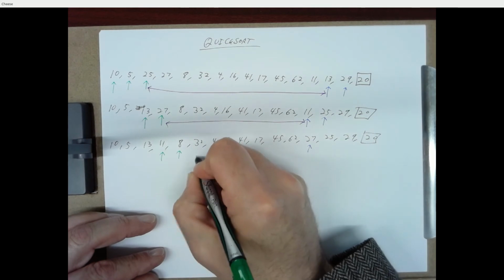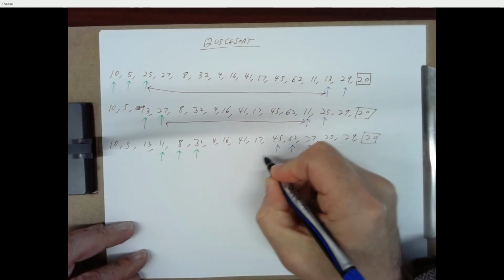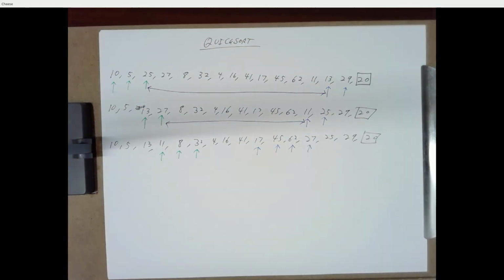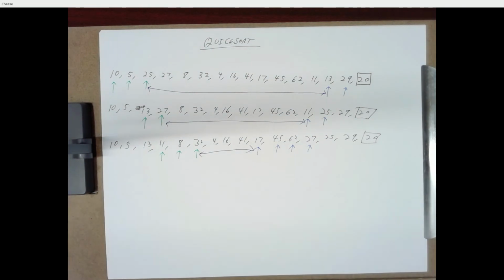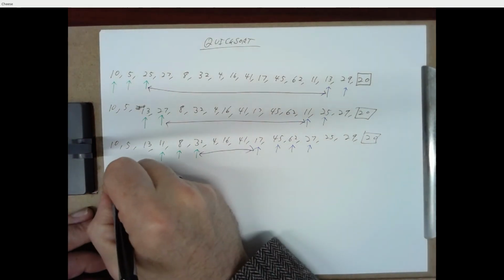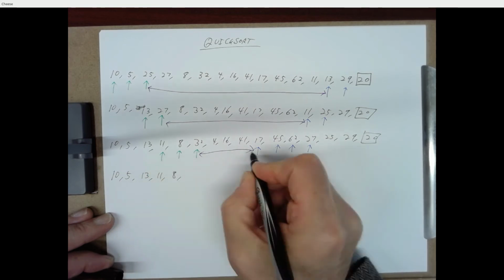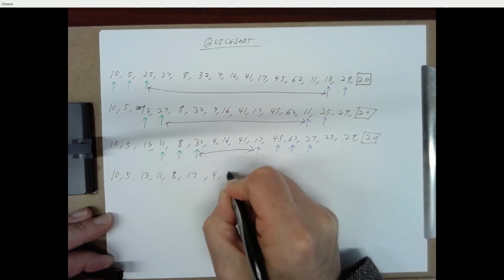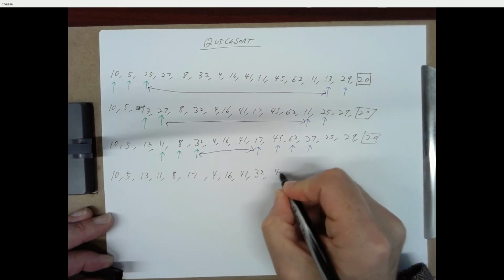So 8 is smaller than 20, 32 is bigger, stop. 62 is bigger, 45 is bigger, 17 is smaller, stop. Swap these. This is 17. This is 32.